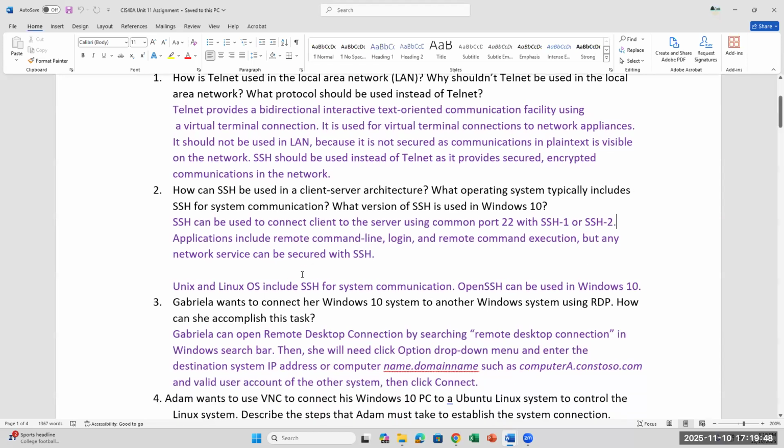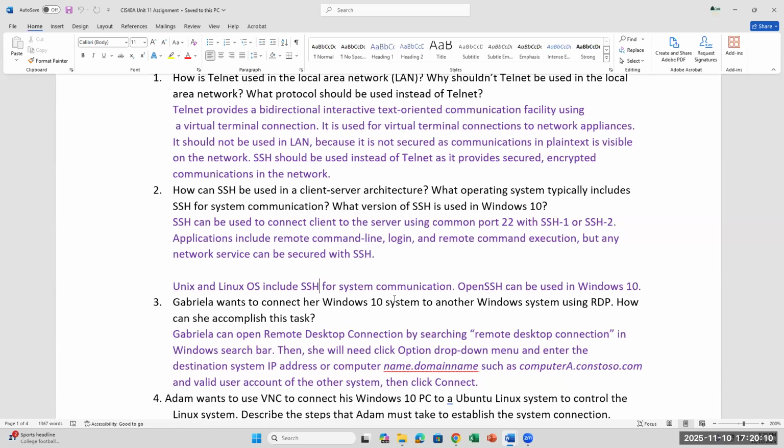Okay, so originally, like I mentioned, SSH was used in Linux, but it became very popular, right? And it should be used across multiple types of systems. For Windows 10, you see that OpenSSH is implemented for the Windows environment, so you can use SSH.